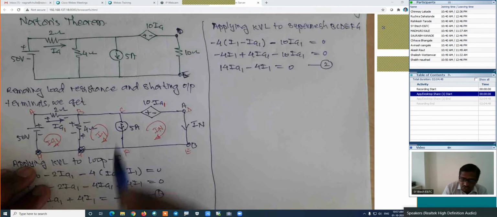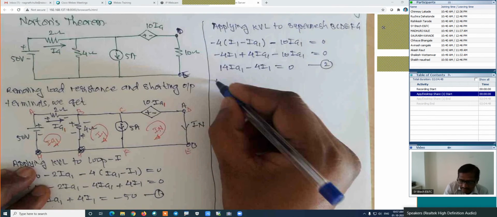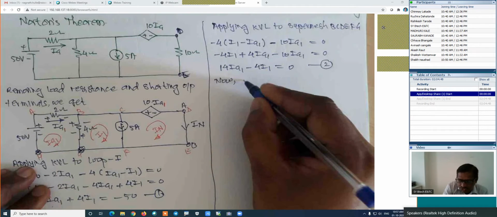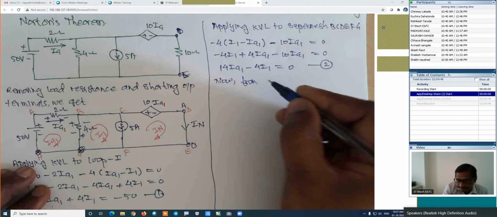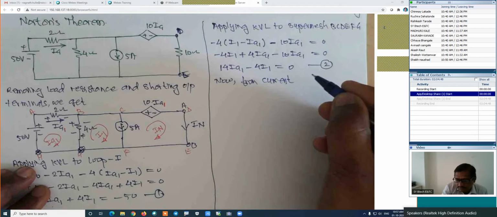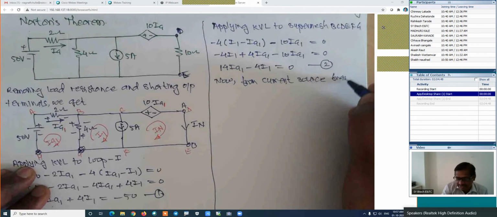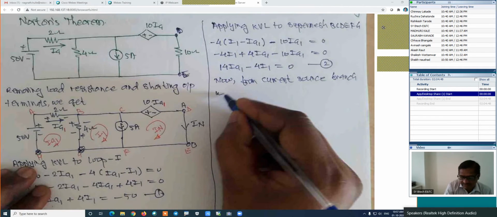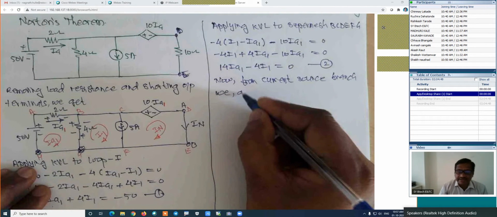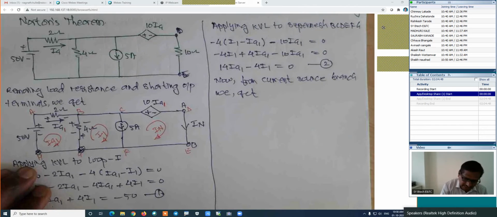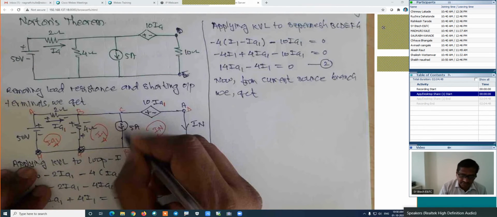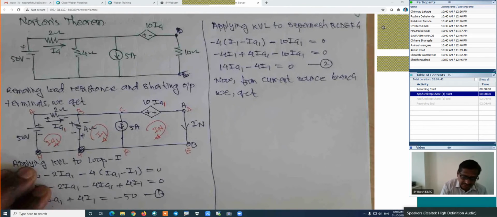Now from this current source branch, what do we get? Look at this. 5 amperes is downward. Now which current is downward? This I1.